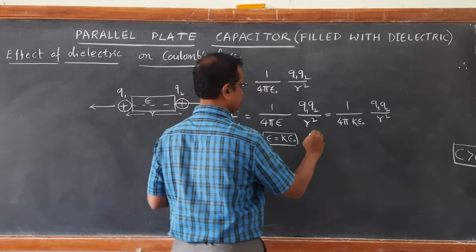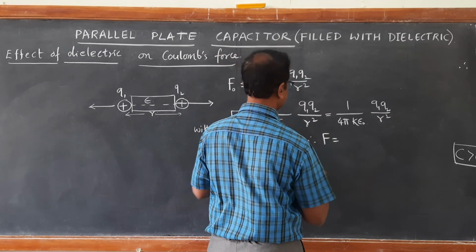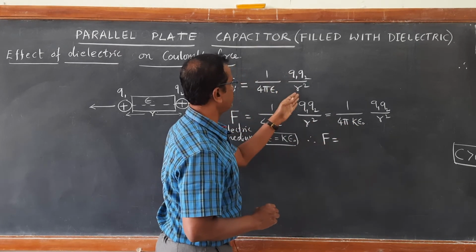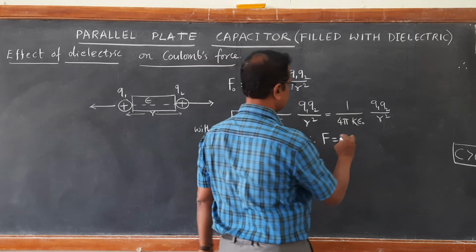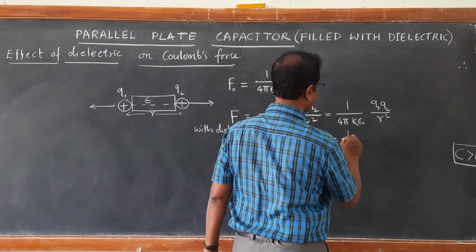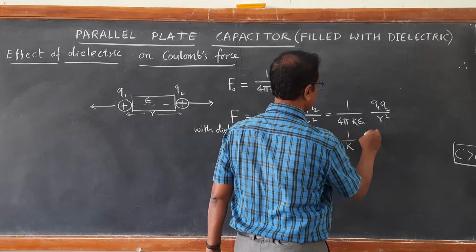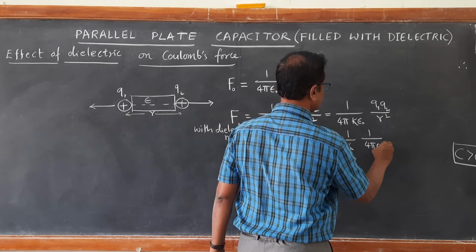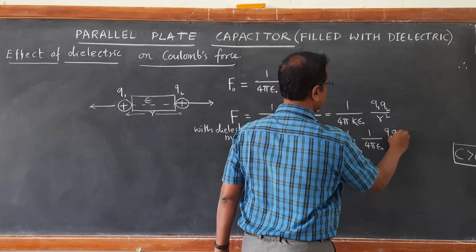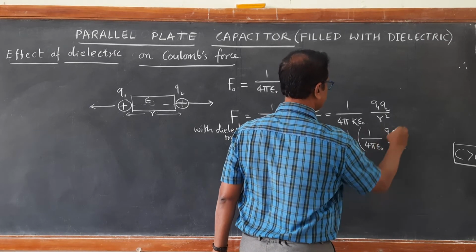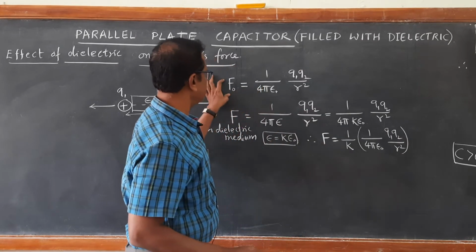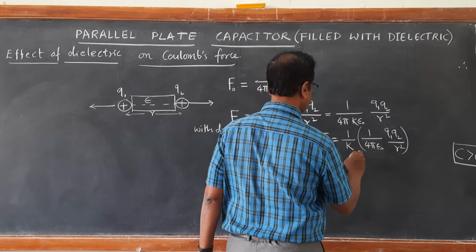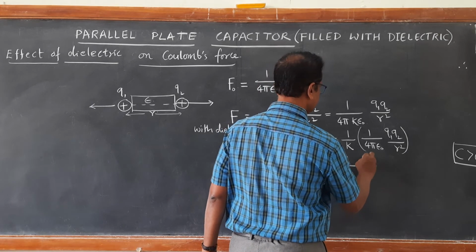So, you can see, therefore, F becomes equal to 1 upon K times 1 upon 4 pi epsilon naught Q1 Q2 by R square, which I already know as F naught. Therefore, F becomes equal to 1 by K times F naught.